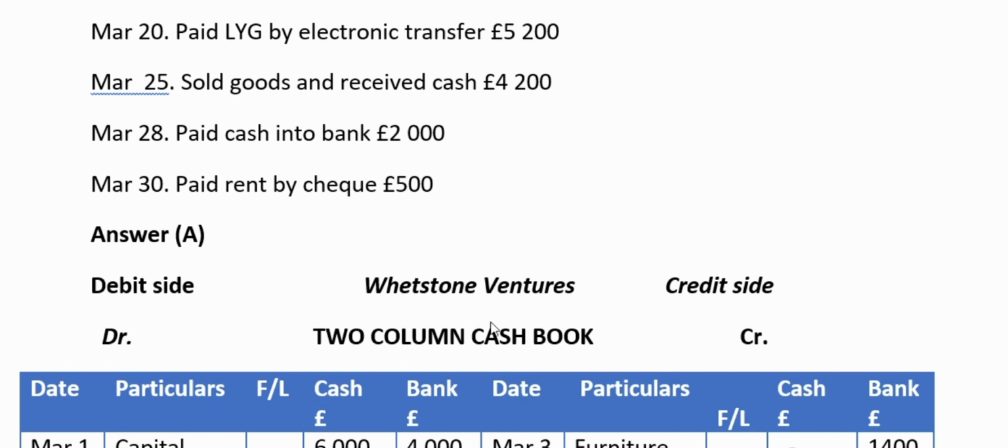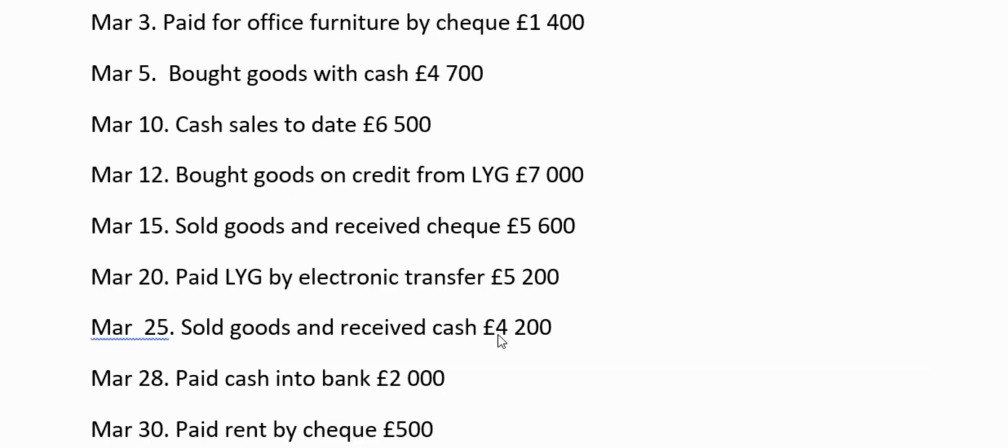That reminds us that the cash book records goods bought or sold, or transactions that involve payments, physical cash, or payments made by check or by electronic transfer. So payment has to be involved. That is not entered into the cash book.